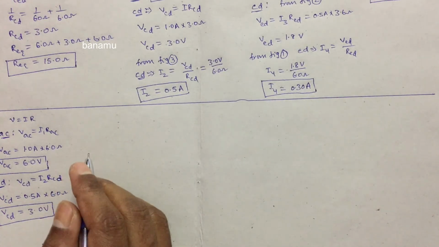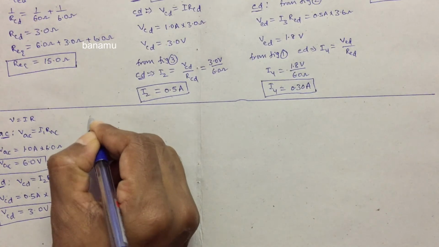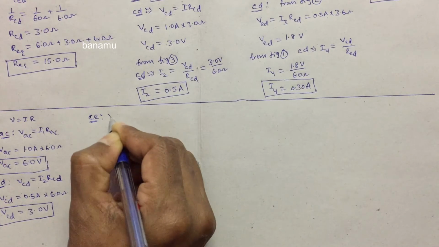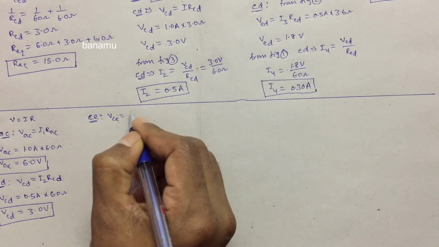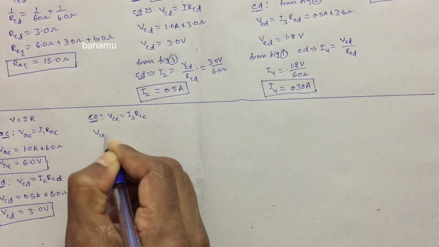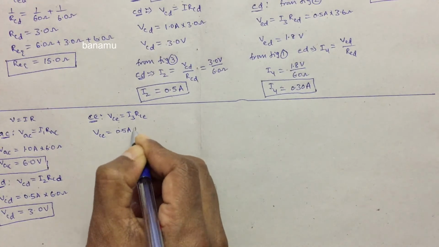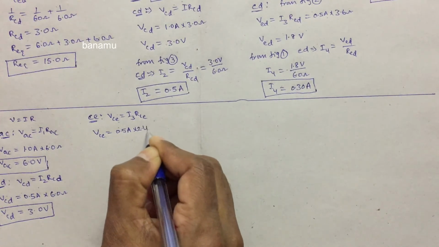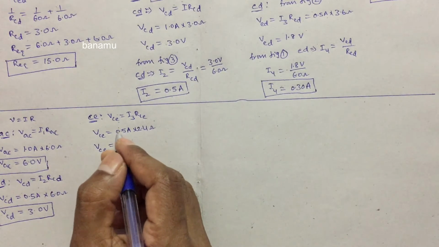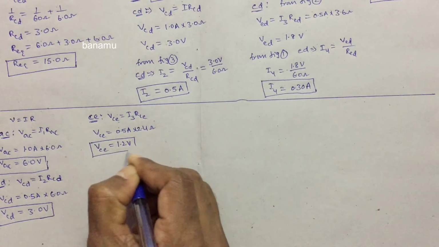And the potential difference between CE is VCE, which is equal to I3 into RCE. So VCE is equal to the value of I3, 0.5 amperes, into RCE, 2.4 ohms. So VCE is equal to 1.2 volts. This is the potential difference between the points CE.